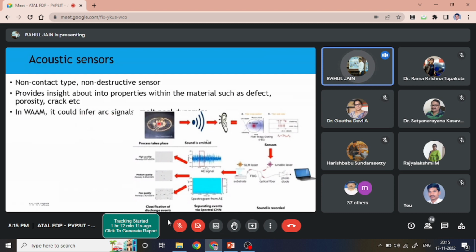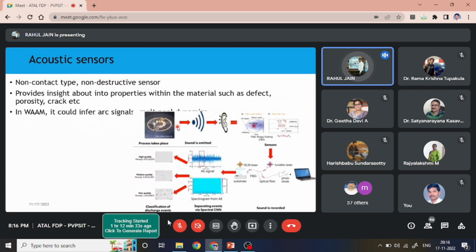So what you see over here, the process is taking place, and you have an acoustic sensor. Now the only problem with this acoustic sensor is you need an environment which has pin drop silence. For example, if there is a small voice or small noise happening in the experimental area, it will create a problem. It will not give you a good result.